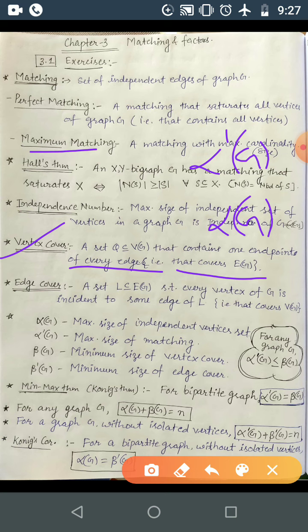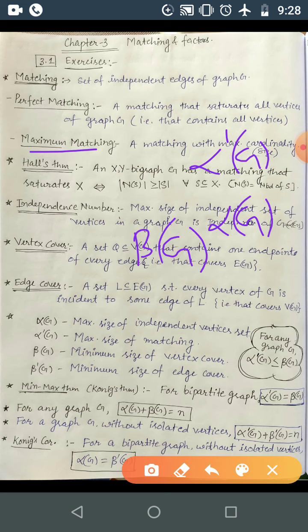Here we want to find the minimum vertex cover. The minimum vertex cover cardinality is denoted by beta(G).